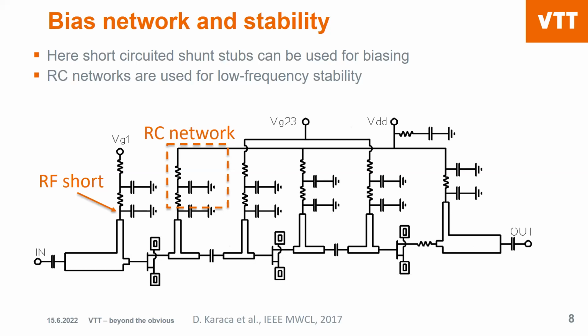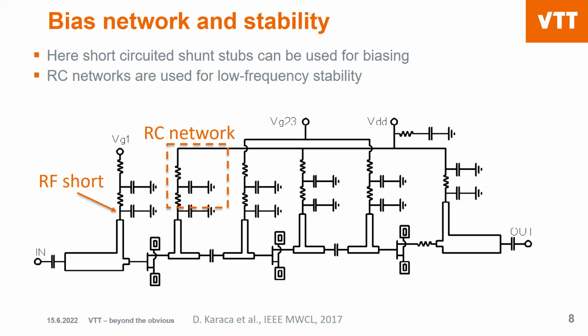And if we have a piece of transmission line, that's our short-circuited shunt stub, which we can use for matching. Since that point is an RF short, after that we can add a resistor to stabilize the circuit at lower frequencies.